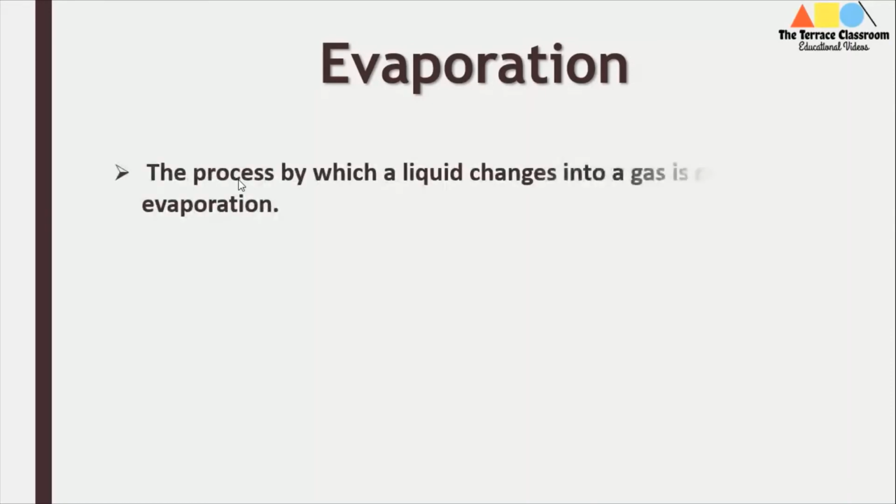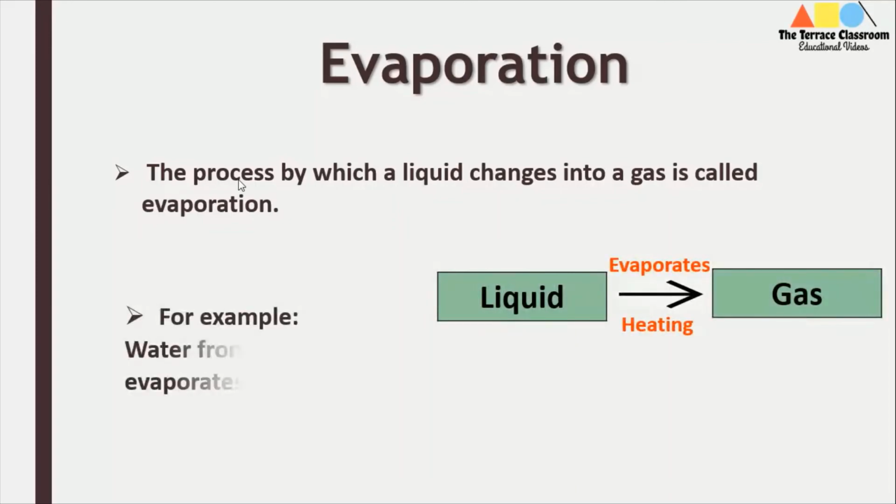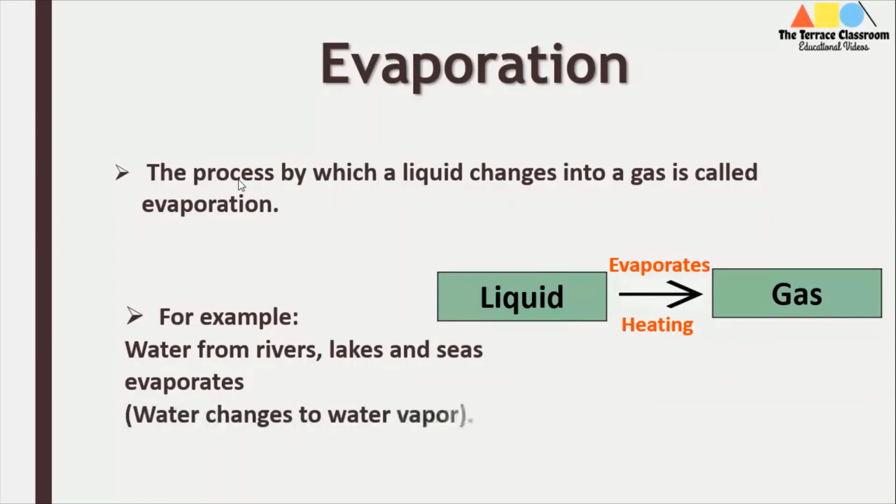Now, we will learn about the process of evaporation. The process by which a liquid changes into a gas is called evaporation. For example, water from rivers, lakes, and seas evaporates.